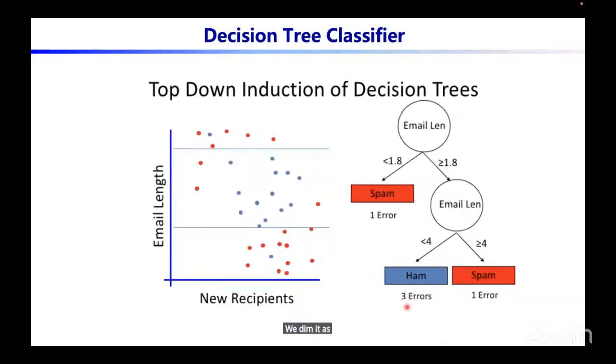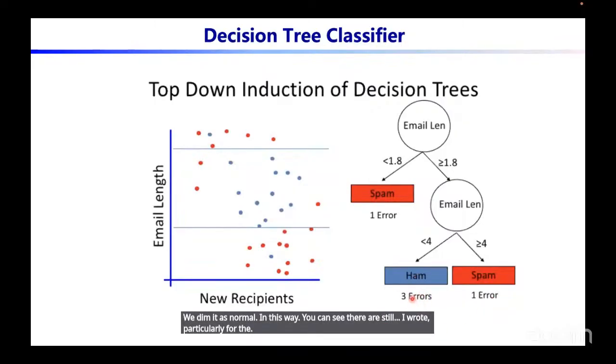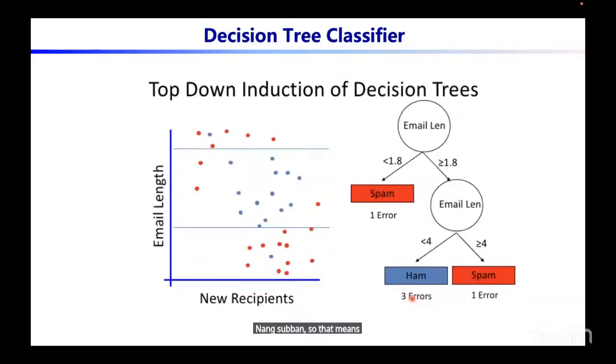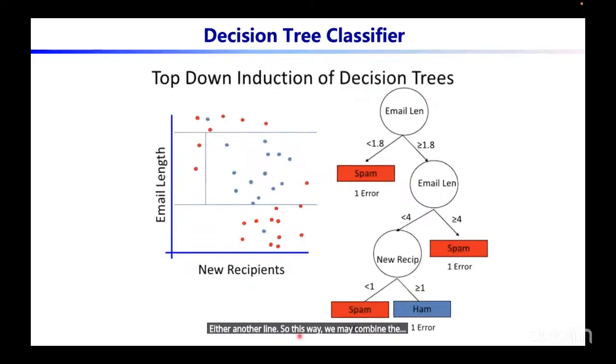In this way, you can see there are still errors, particularly for the non-spam. So that means we have to add another line. This way, we may combine the vertical lines. So this is the third line, the vertical line, with respect to the new recipients.